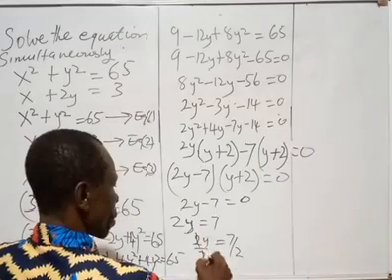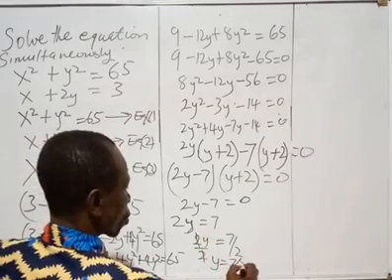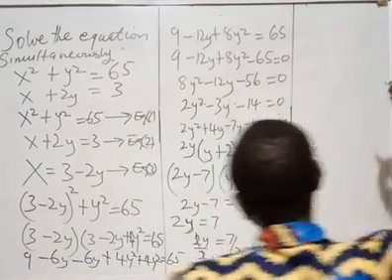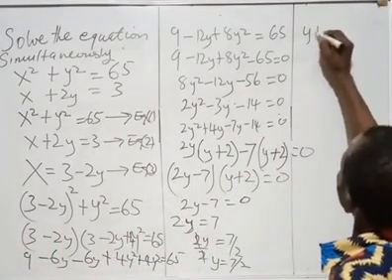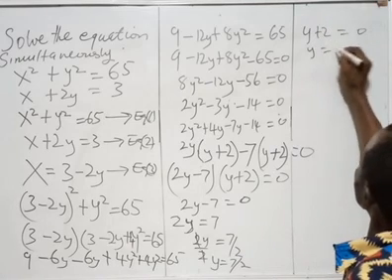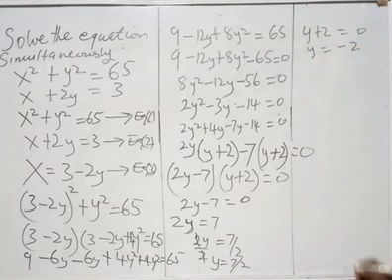This will cancel, this will cancel. y equals 7 over 2. Now I also have my other factor. So I have y plus 2 equals 0, then y equals minus 2. So the values of y are simply 7 over 2 and minus 2. So now I'm going to look for the values of x.